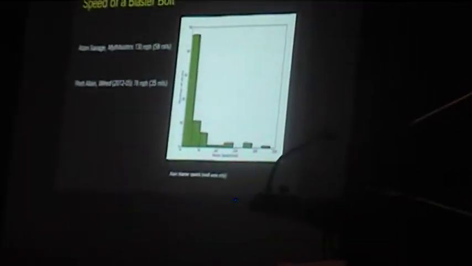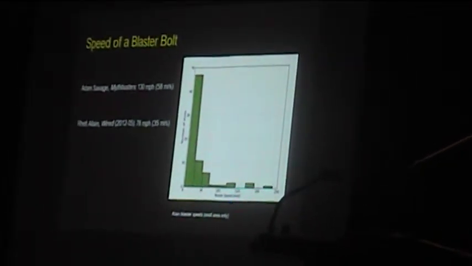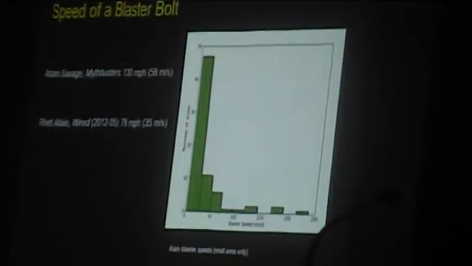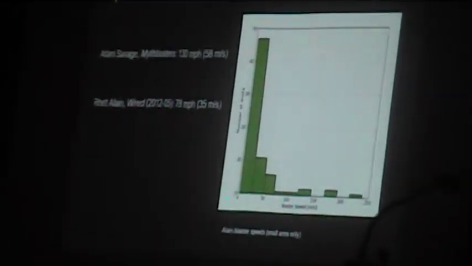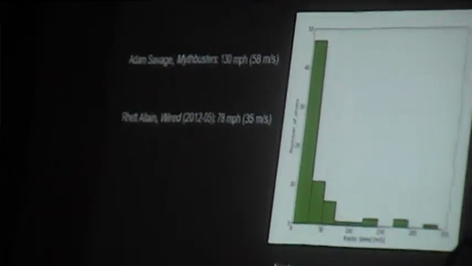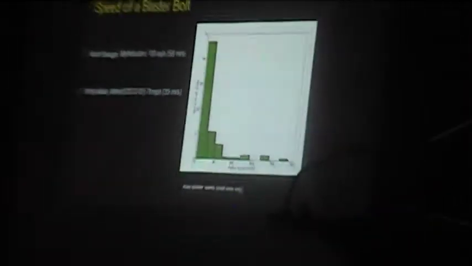We're leaving off the starship ones, which end up going a lot faster because, again, the spaces are bigger and it looks better on screen. But his average for most handheld blaster rounds was 35 meters per second, 78 miles an hour, a low-end fastball, which means this whole batting of blaster bolts out of the air with a lightsaber looks a lot more plausible.